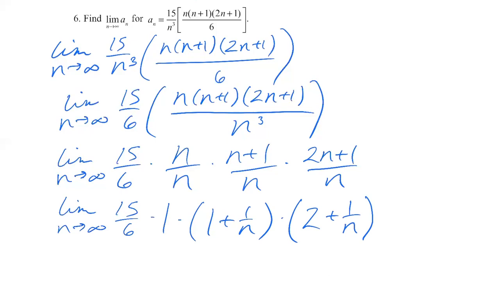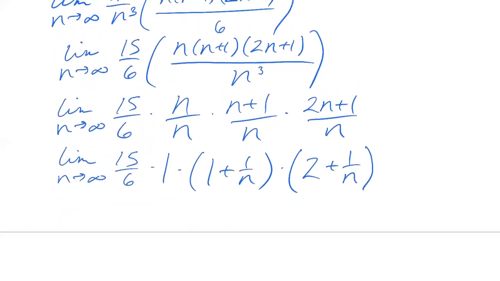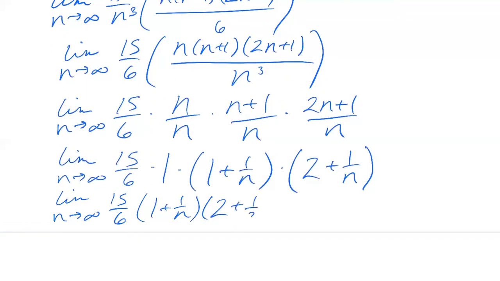Now, no need to keep the 1 hanging around. Let's write this as 15 over 6 times 1 plus 1 over n times 2 plus 1 over n.